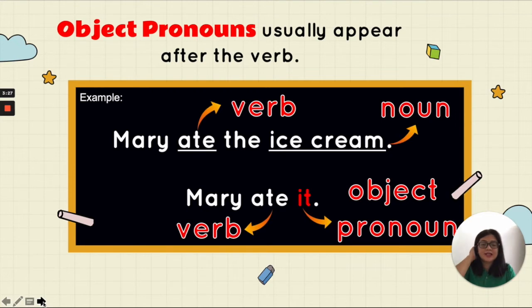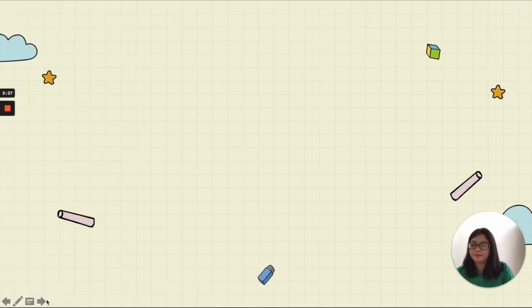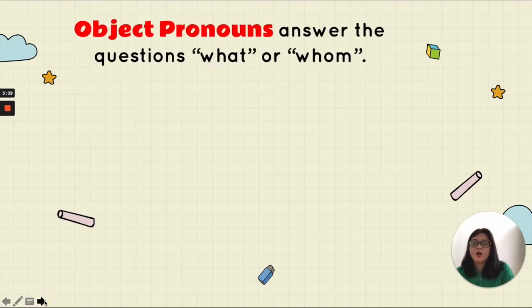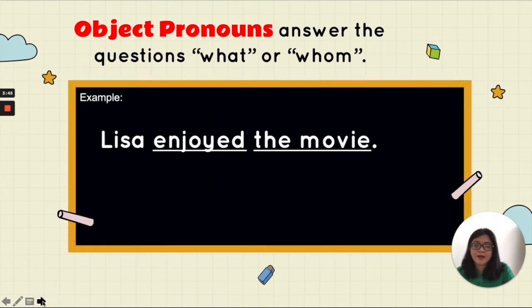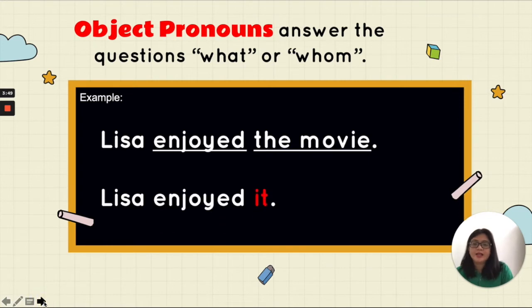Remember, the words it and you will not change. They have the same form, but different functions in the sentence, although they have the same spelling. Object pronouns answer the questions what or whom. For example, here we have another sentence. Lisa enjoyed the movie. Lisa enjoyed it.